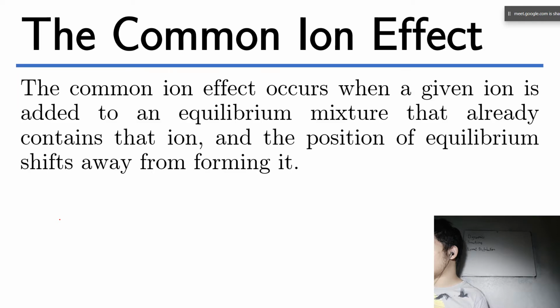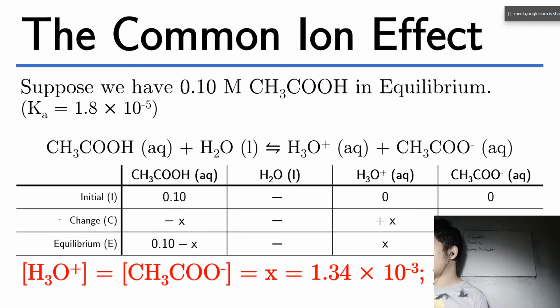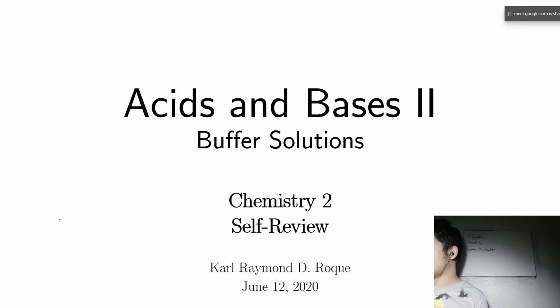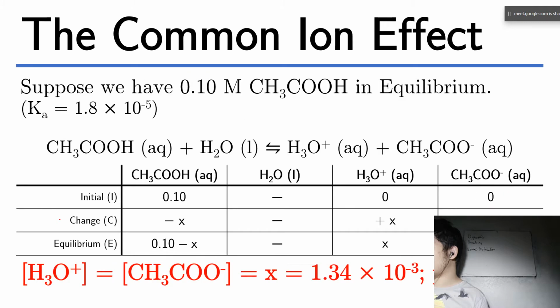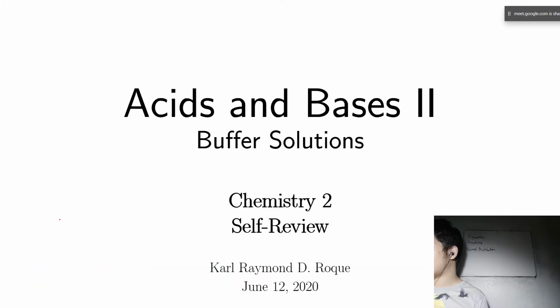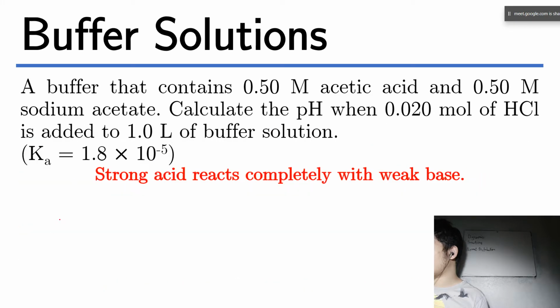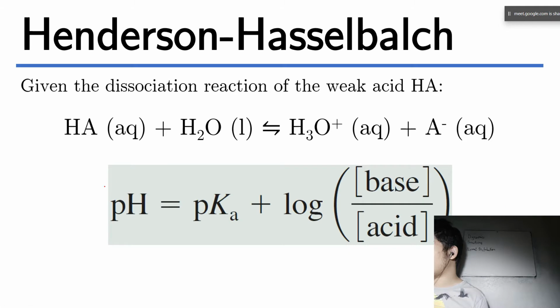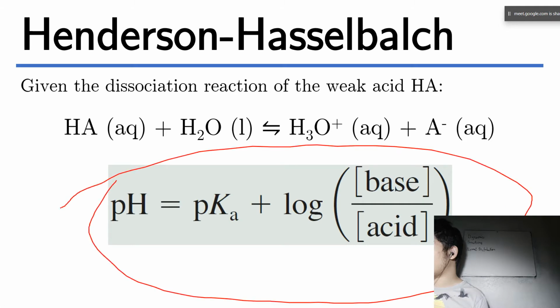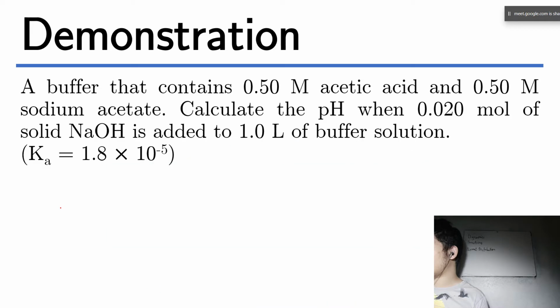Common ion effect. Skip na natin to. Basta ang pinaka-importante, skip na natin to. Sige, buffer solution. Ito, no? Remember this. Pag buffer solution, pH equals pKa plus log conjugate base over acid, no?